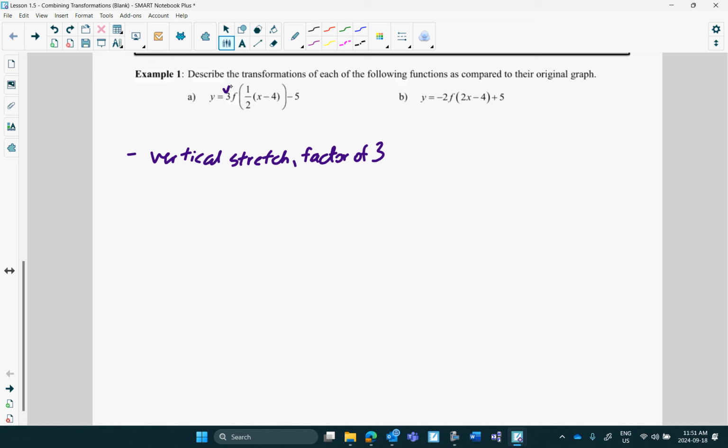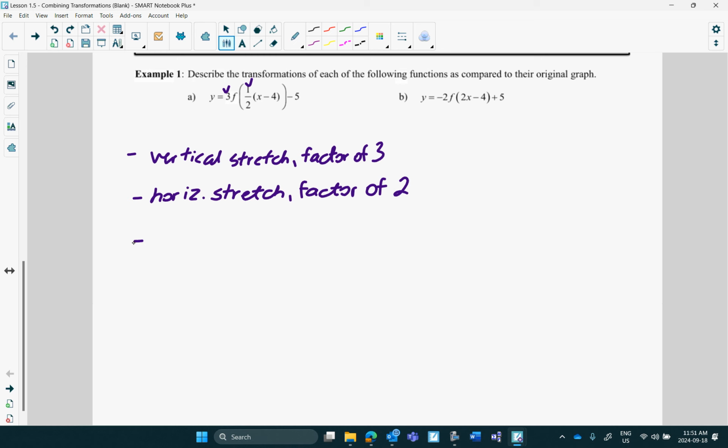The 1/2 is a horizontal stretch, factor of 2, because we have to flip the 1/2. Done. No flips going on because I don't see any negatives. So the only thing left are a couple of shifts.